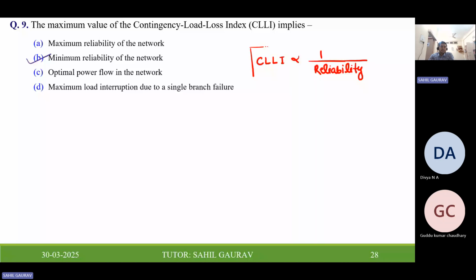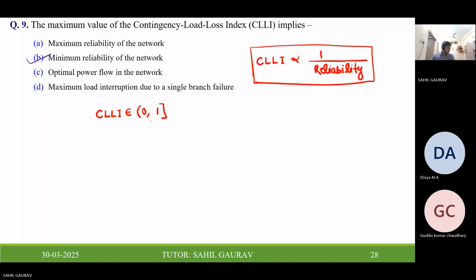So option B is correct, that is minimum reliability of the network. When zero comes, it is the best reliable network, while 1 denotes the worst reliable network.